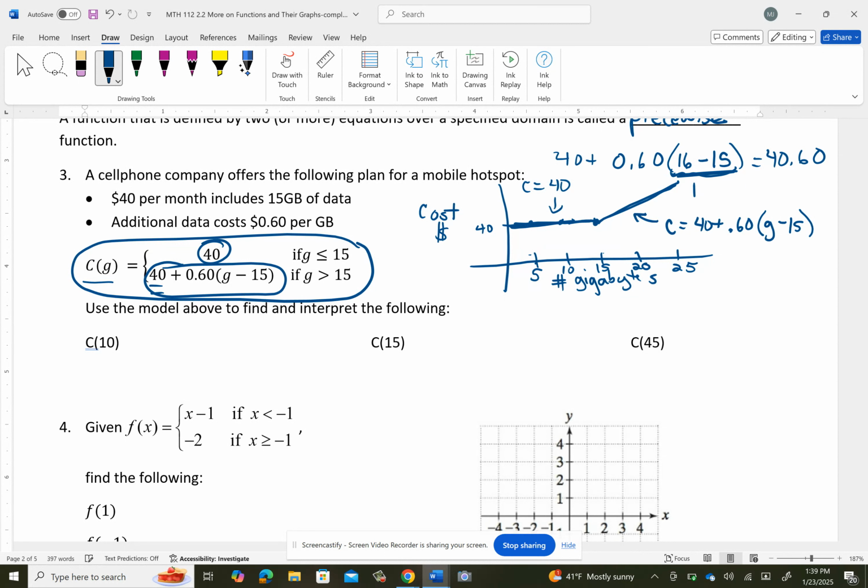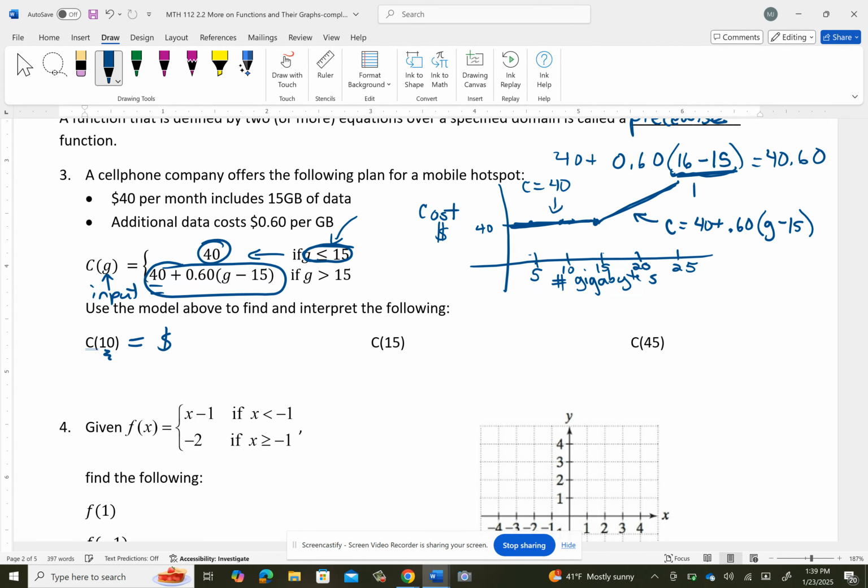See over here how they did C of G, so that's my input, my x value. So my G equals 10. You should consider these conditions first. If G is 10, that means it's here, so I should use the first rule.